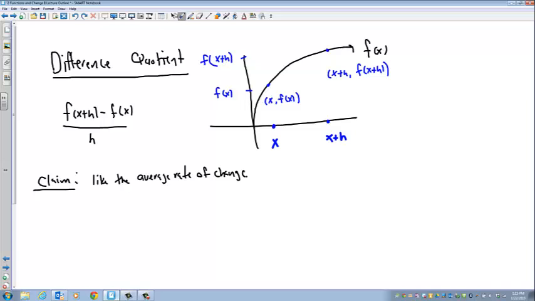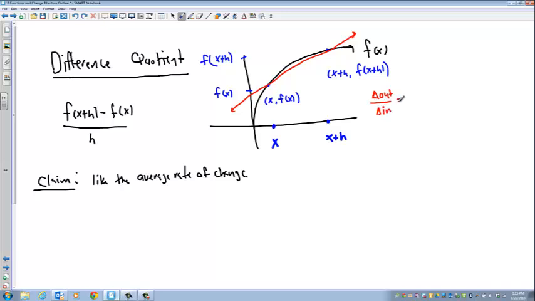And we can connect the two dots with a line. So there's a line. And if you calculate the average rate of change between these two points, which is really the slope of this line, let's see what we get. So remember, the average rate of change is a change in the output over the change in the input.